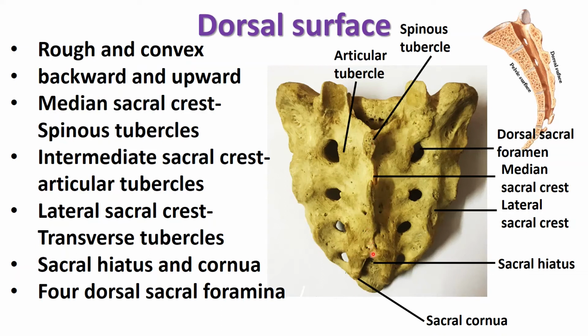Below the 4th tubercle, there is an arched sacral hiatus in the posterior wall of the sacral canal. So this part is the sacral hiatus.